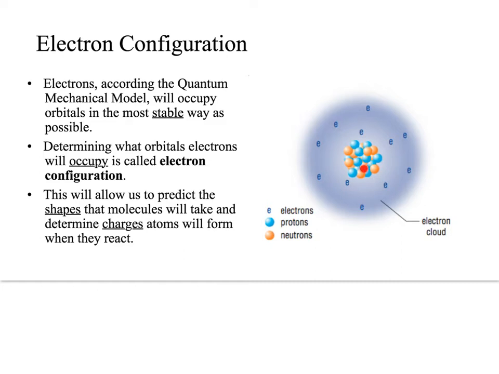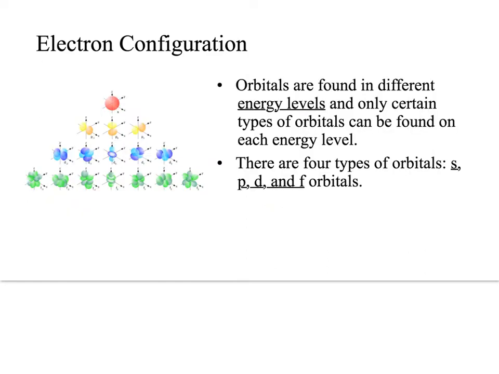But as a reminder, protons and neutrons are in the middle, electrons are on the outside. We are going to figure out where exactly these electrons, or at least get a pretty good idea of where they can be found. Orbitals are found in different energy levels, meaning distance away from the nucleus. One of the orbital shapes is kind of like a circle.